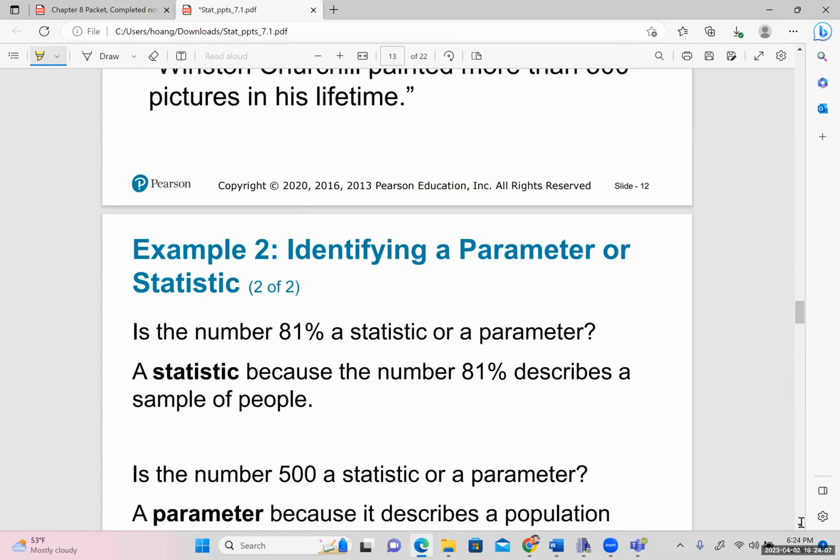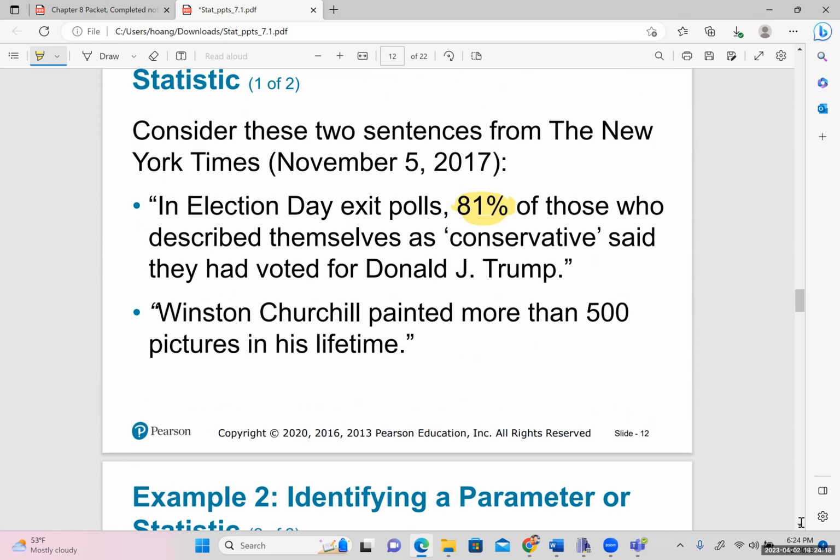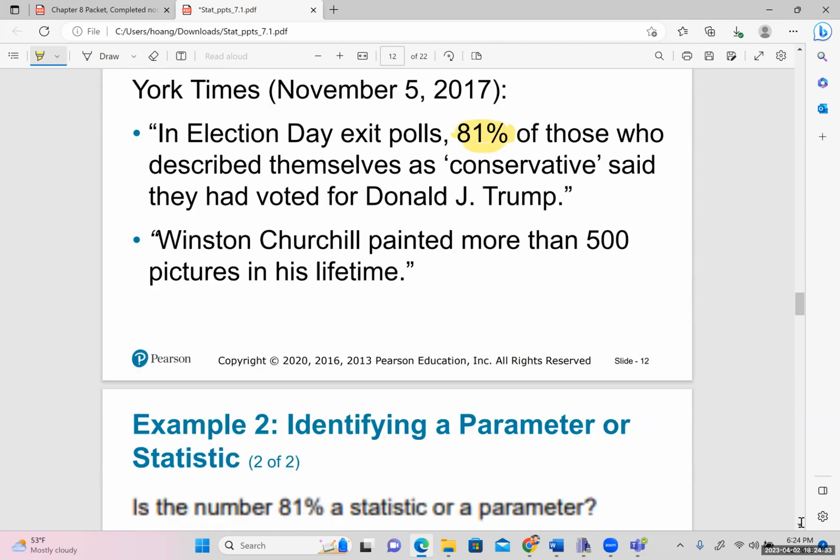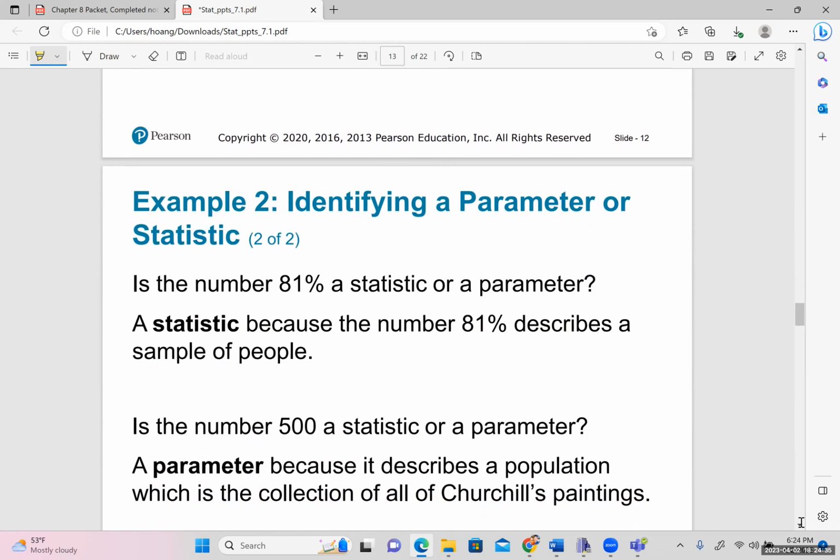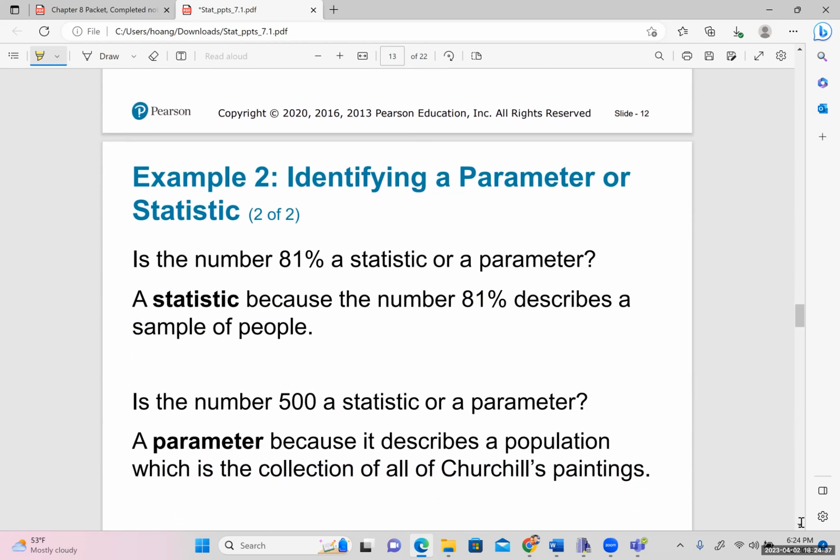As you can think, this is not the whole population of all Americans. It's just an exit poll, so it's just a statistic.